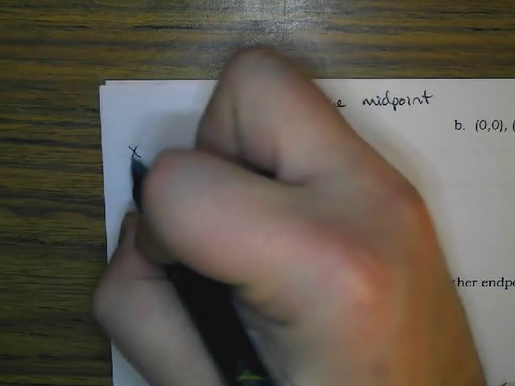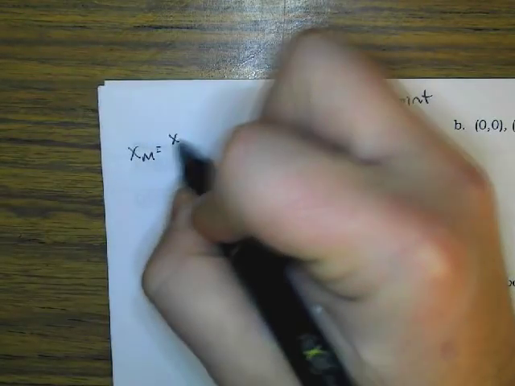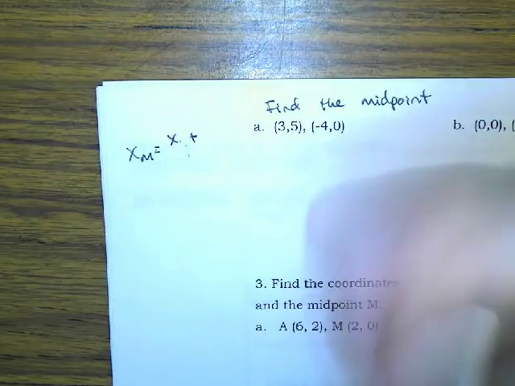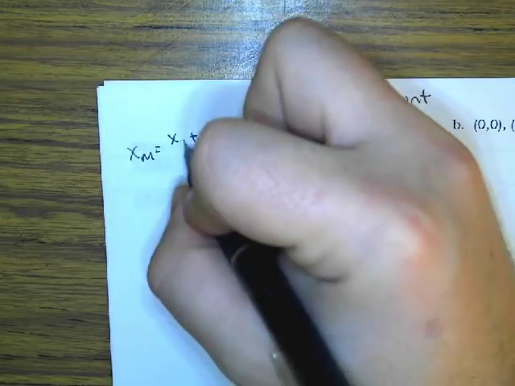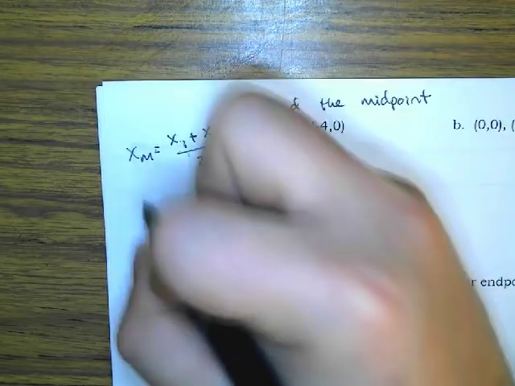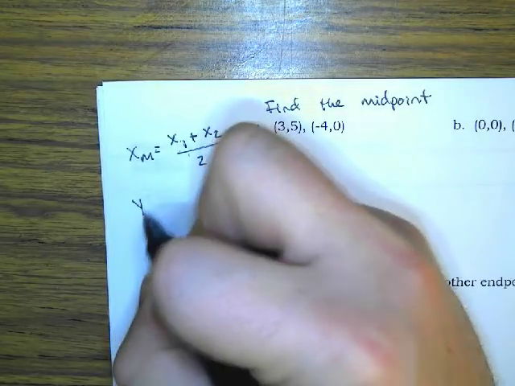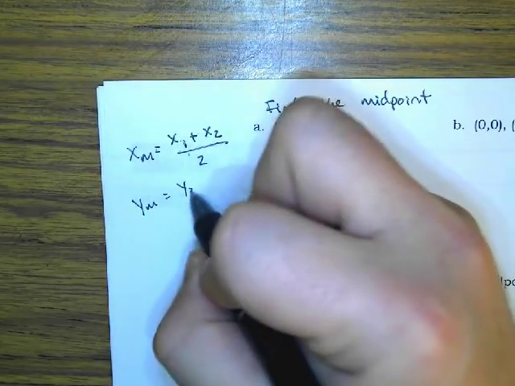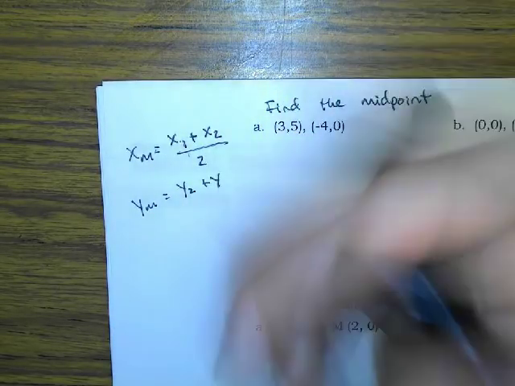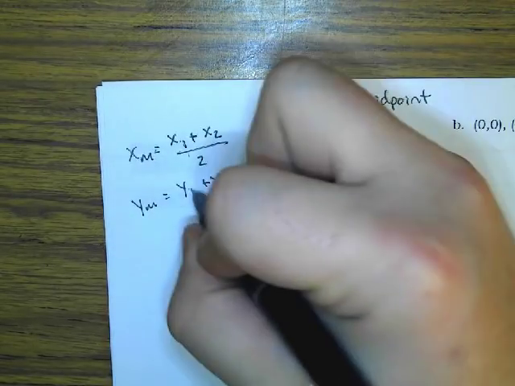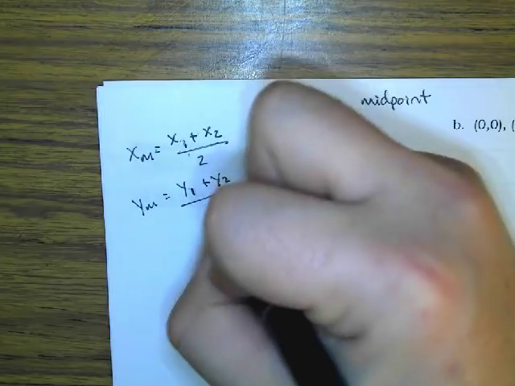I'm going to write these over here in our margin as a reference. XM is equal to the average, x1 plus x2 divided by 2, and YM is equal to y1 plus y2 divided by 2.